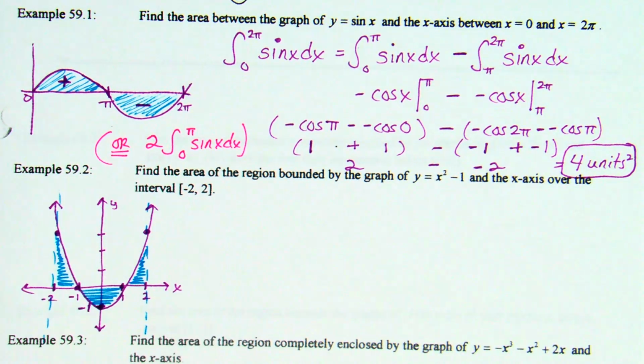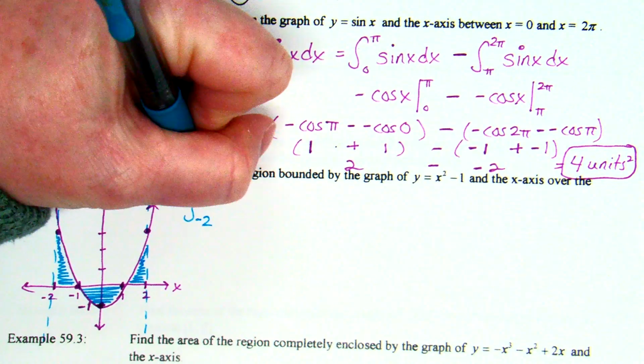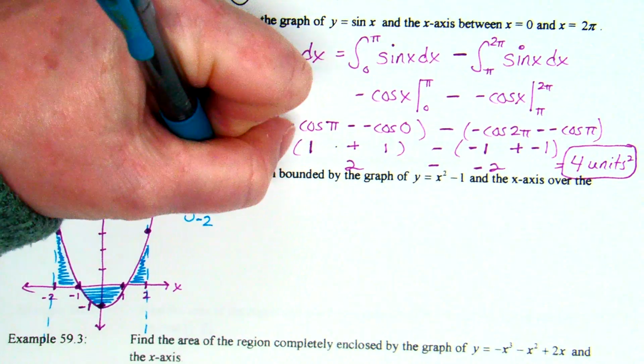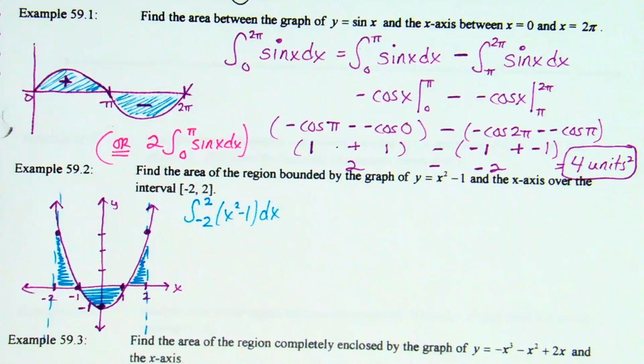Questions on how I did that picture? Okay, so in general, I'm going to write this. We are doing the area of the curve from -2 to 2 of x squared minus 1 dx. Now, can I just do that integral like that?